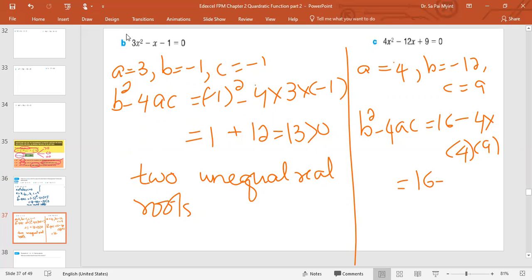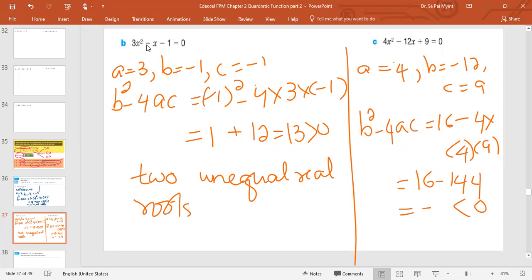What do you get with the minus? That's why this is less than 0, so there are no real roots.